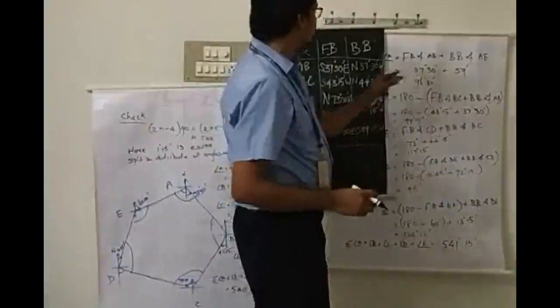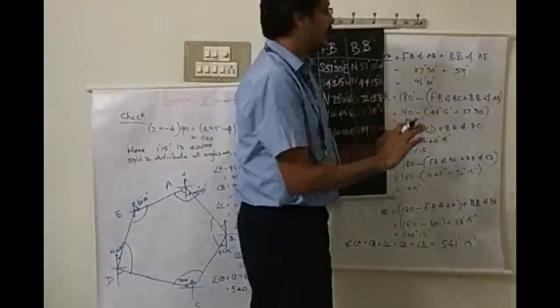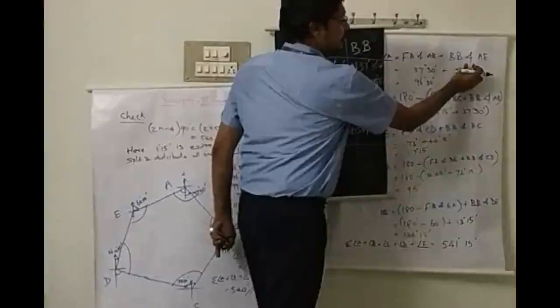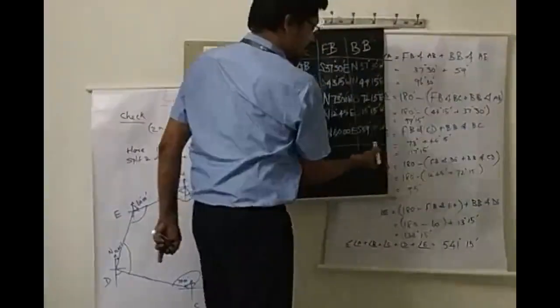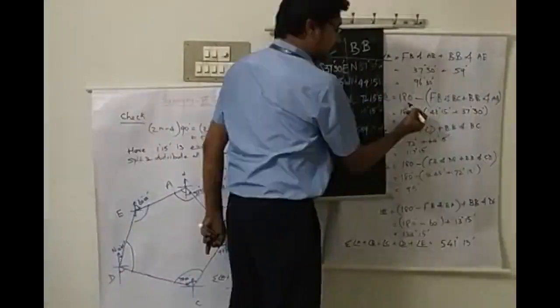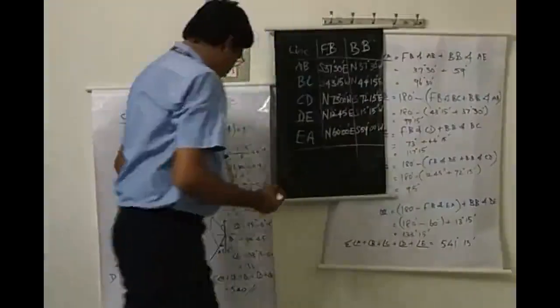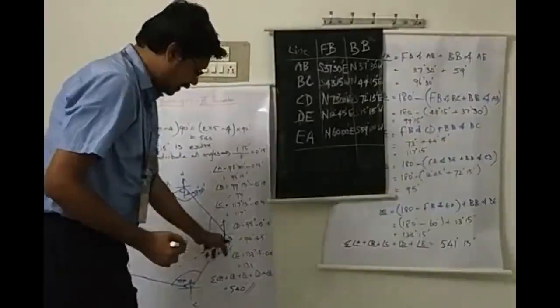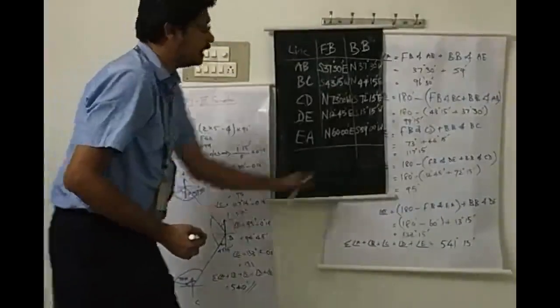So I substitute all the given data, nothing I have corrected. The forebearing of AB is 37 degree 30 minutes plus back bearing of AE, which is 59 degree. Just take down the theta and have it. Next is angle B. Already I have mentioned 180 minus these two angles, forebearing of BC and back bearing of AB.